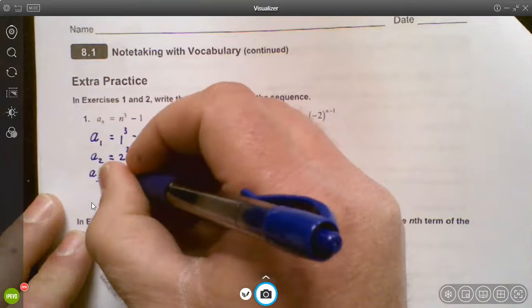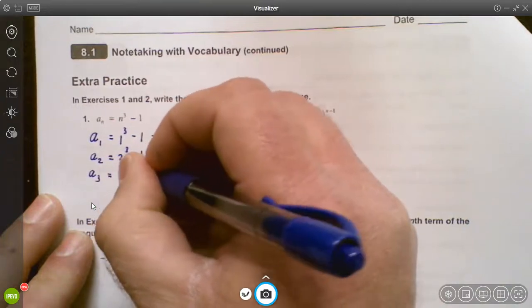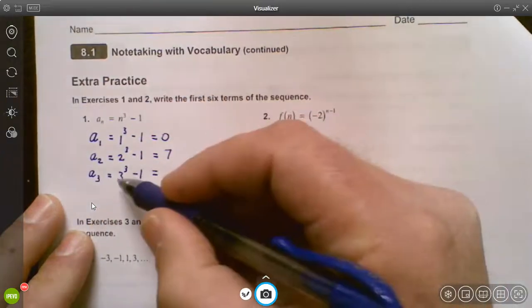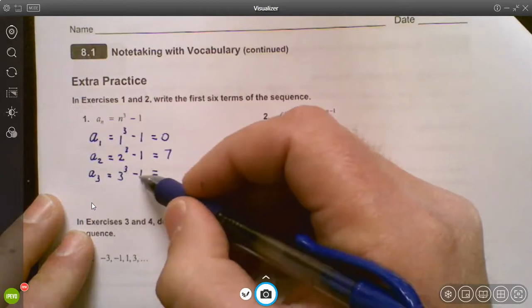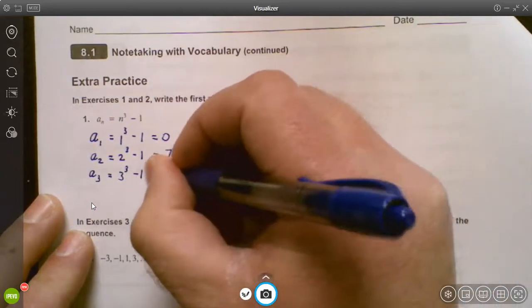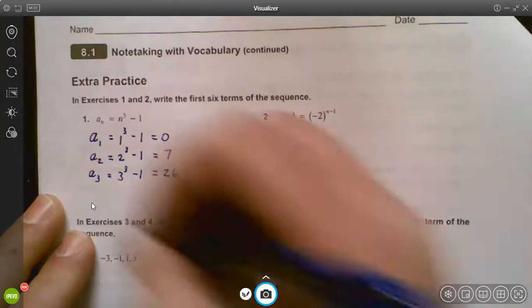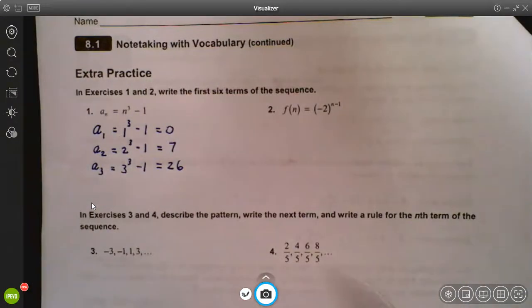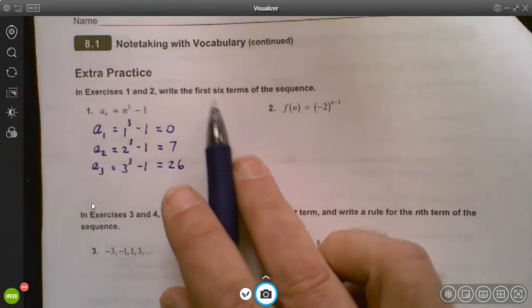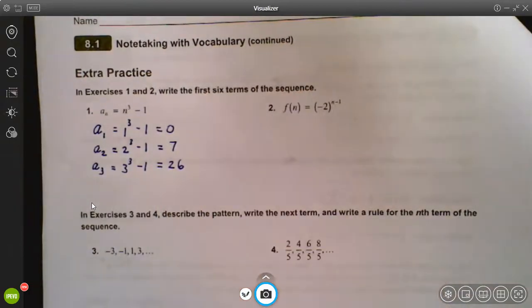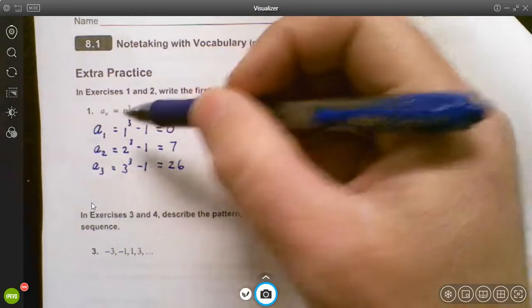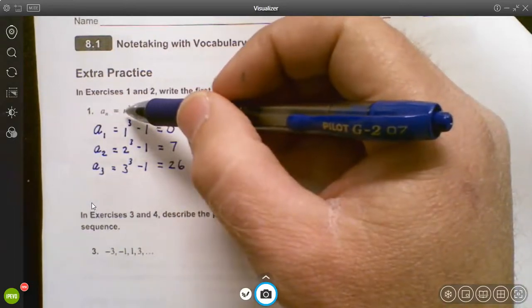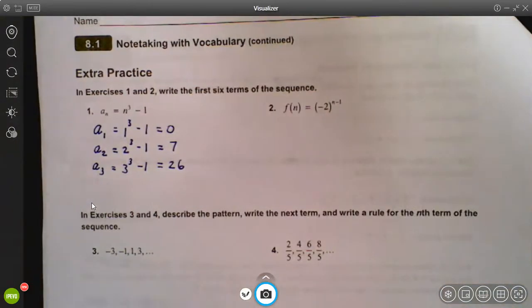So 3 to the third minus 1. 3 to the third would be 27. 27 minus 1 would be 26. And so you could keep doing this. I'm not going to go through all of them, but in the homework, if it does say find the first 6 terms, then you would do it for all 6. You're just plugging in a 1 through 6 for the n value right there.